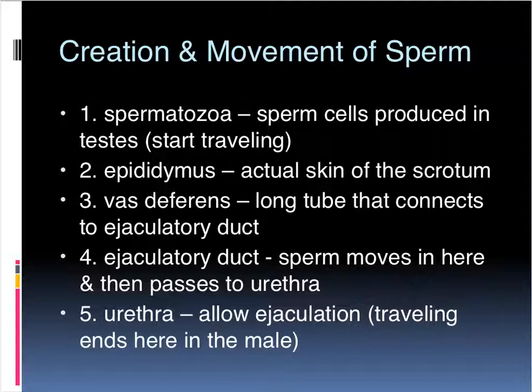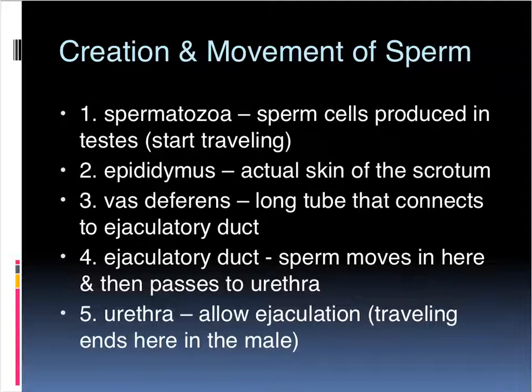Now let's talk about the movement of sperm. Spermatozoa is another name for sperm cells, and they're produced in the testes, and they can travel, obviously, and they need to impregnate the egg. The epididymis is the area where the sperm is actually stored.